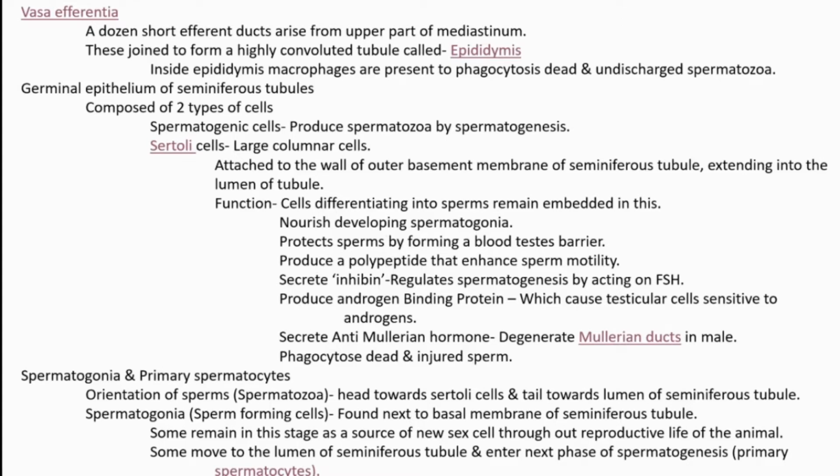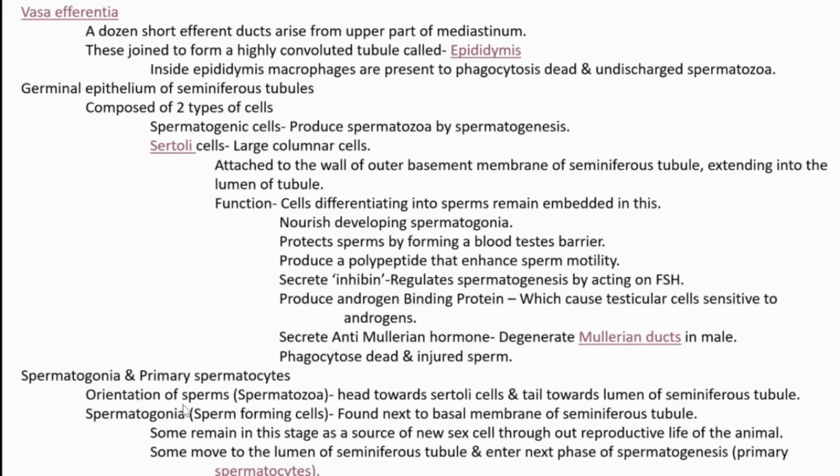Next, spermatogonia and primary spermatocytes. Spermatogonia, as I have already told you, are the first stage of cells, and from these spermatogonial cells sperms develop.